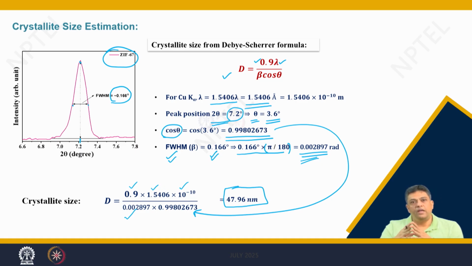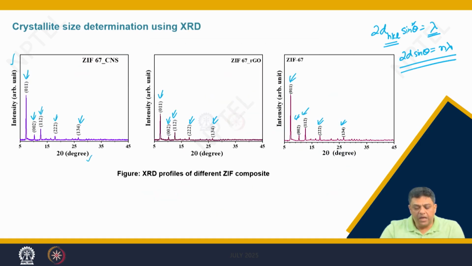So, if you go back, then you will find that as you move from one peak to the other, the broadening may change. So, what generally is done is that you take the singlet peaks, for example, 002 or so, 001, 100, and use its FWHM to find out the crystallite size.